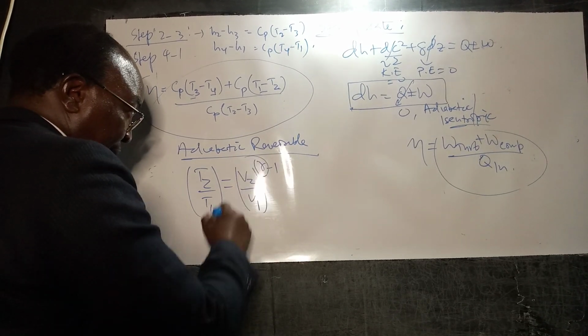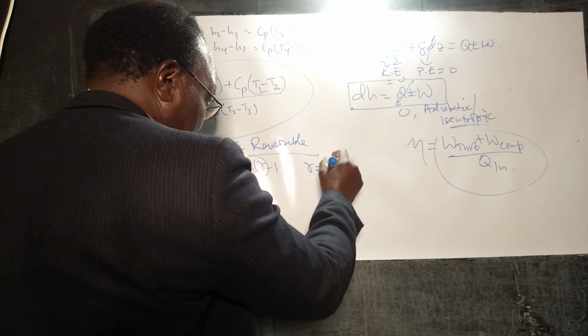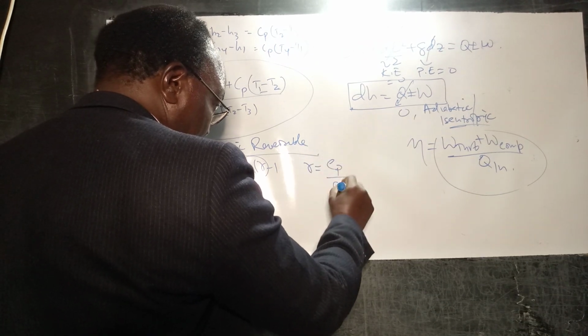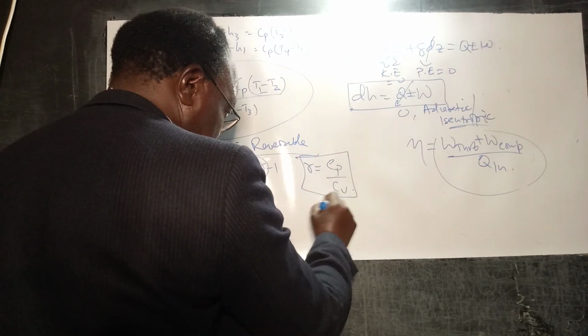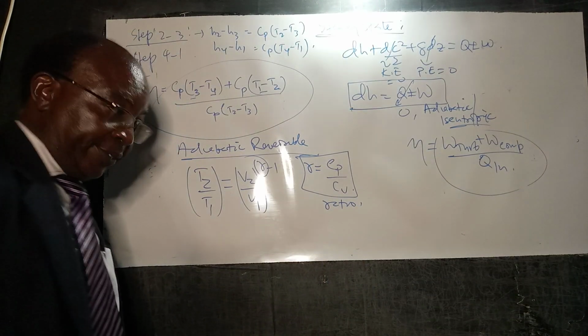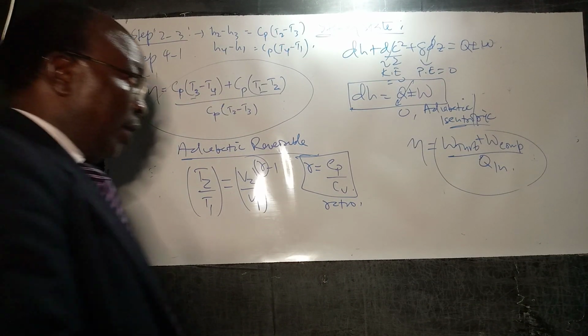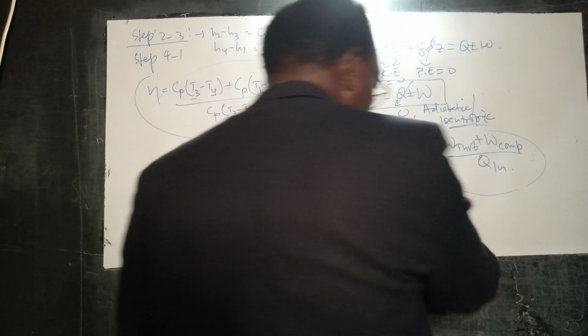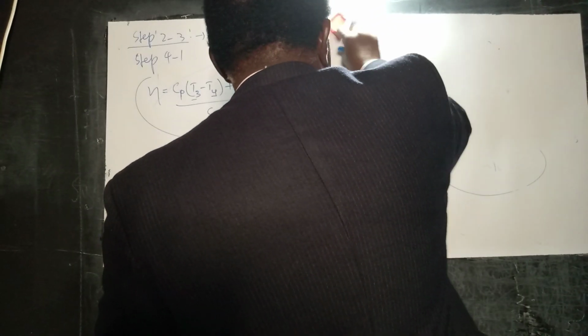What was gamma? Gamma was the ratio of the heat capacities, isobaric over isochoric heat capacity. So, based on those quantities, we can push to get the efficiency in terms of the pressure ratio.